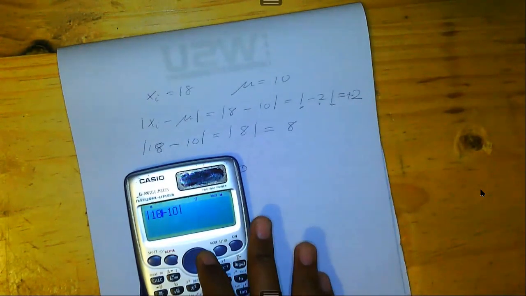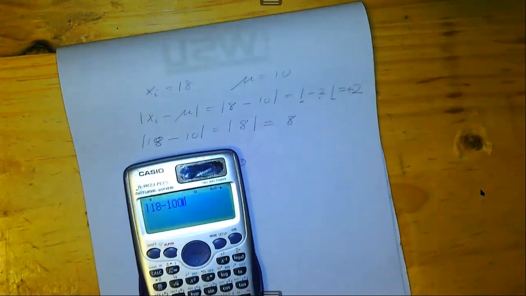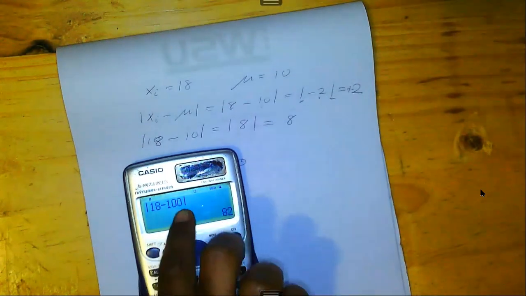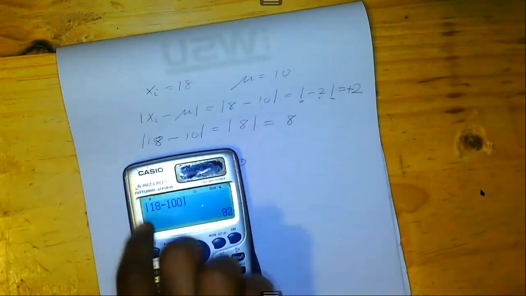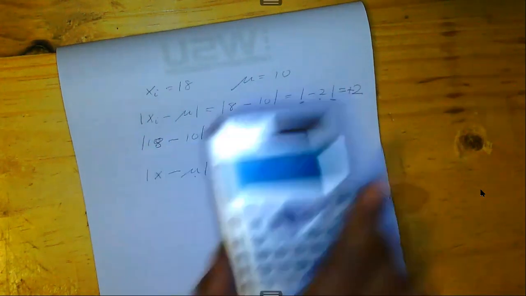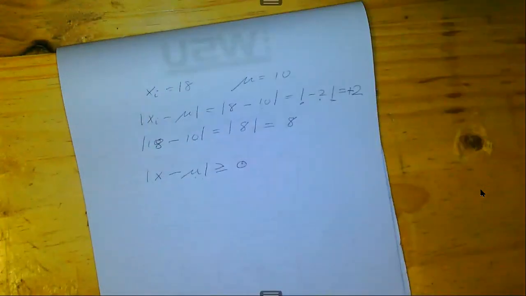If, for instance, we have 18 minus 100, it's supposed to be negative because 100 is bigger than 18, but because of the absolute value sign, it is positive. So absolute value simply says if the difference was negative, make it positive. If it was positive, keep it positive.